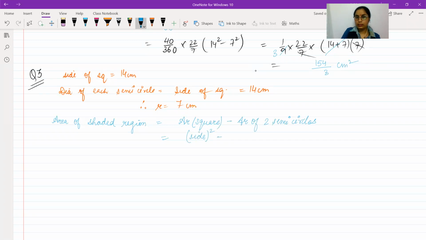Area of the square is side square, minus 2 times the area of a semicircle. So this actually is the area of one circle.